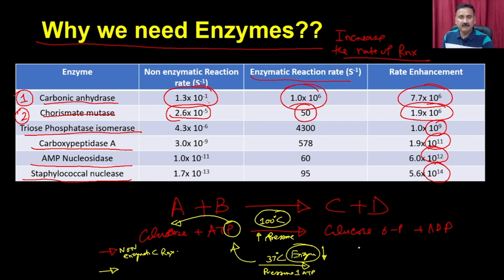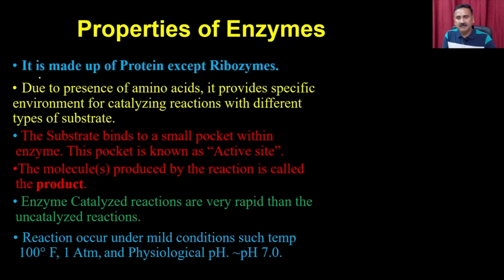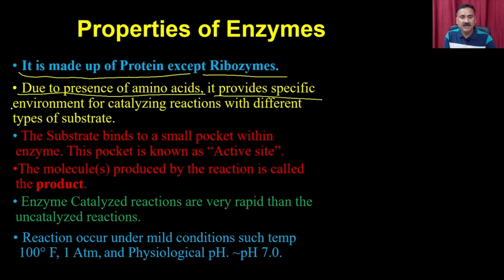Now let's briefly talk about the different properties of the enzymes. Enzymes are made up of protein, except the ribozymes. They are made up of amino acids, and they provide the specific environment for catalyzing reactions for different types of substrates.